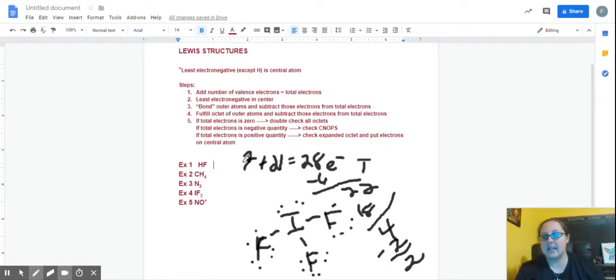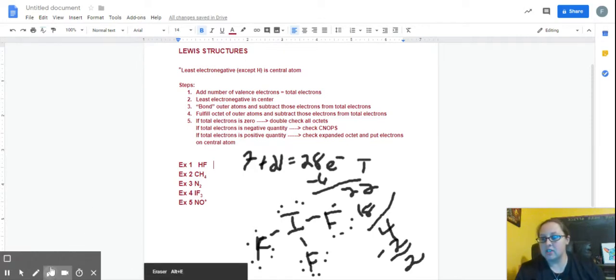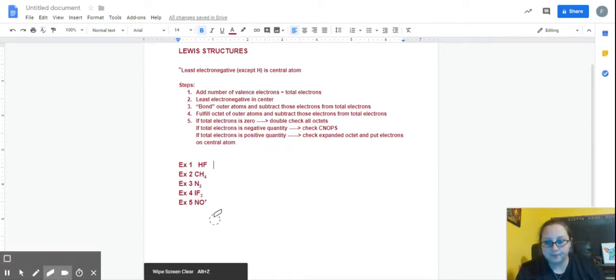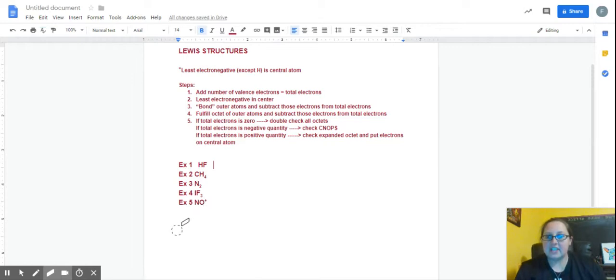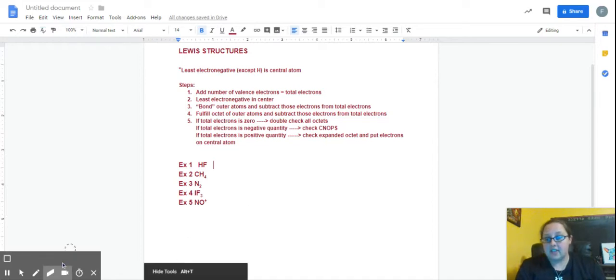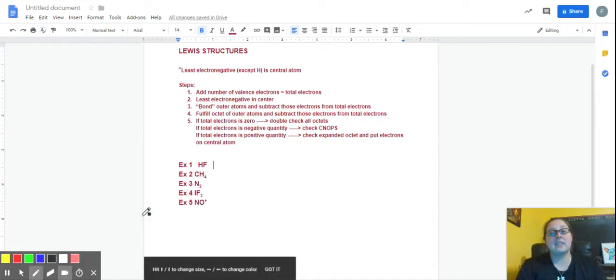Now, the very last thing, I'm not really going to get into the nitty-gritty of it, but this very last one is NO+. What does that plus mean? Well, the plus means that I have lost an electron. So where does that lost electron tie in? The answer is that it ties in with the math. So nitrogen is 5.